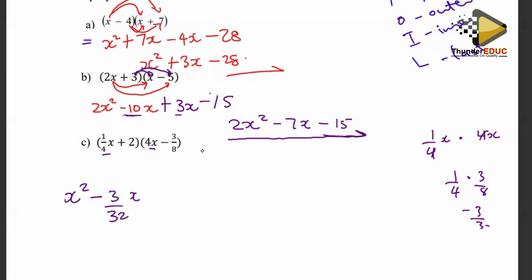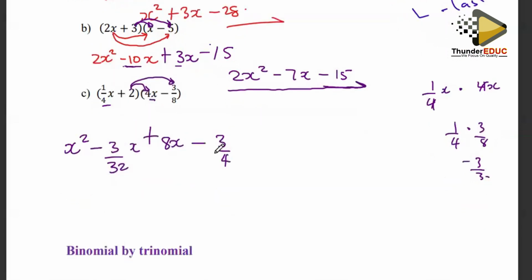And then what is 2 times 4? That's going to be 8x. Then what is 2 multiplied by negative 3 over 8? That's going to be negative 3 over 4. And then I need to just collect the like terms. So I'm dealing with fractions, so you could directly put that into your calculator and see what you get.